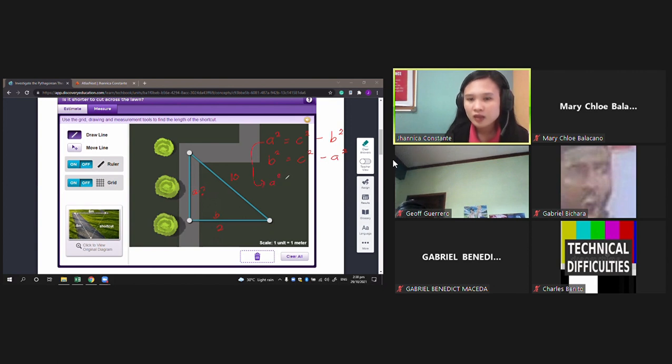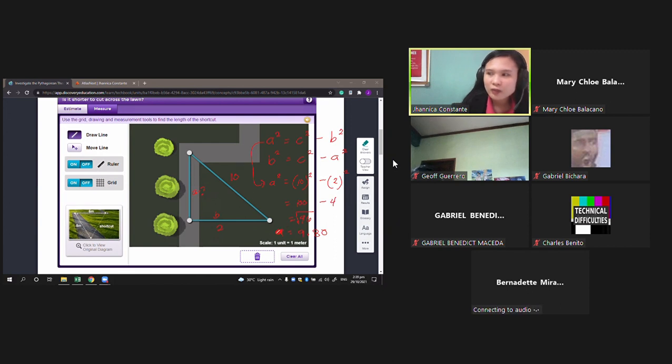So A squared equals 10 squared minus 2 squared, which is equal to 100 minus 4. 100 minus 4 is equal to 96. The square root of 96 is equal to 9.80. So that is the measurement of our side A.